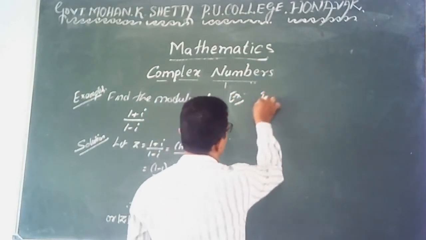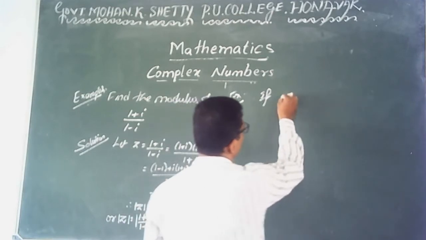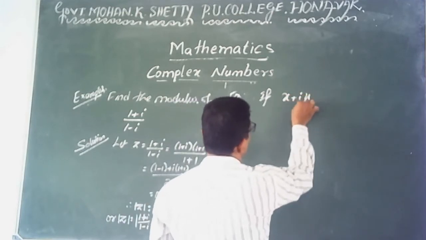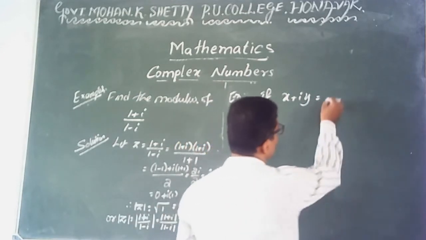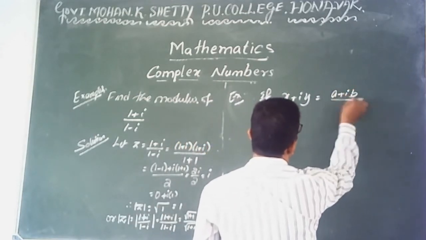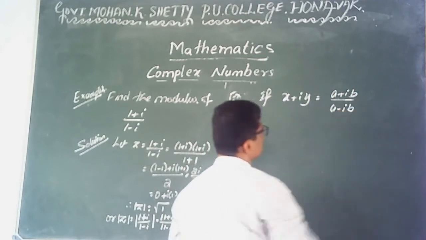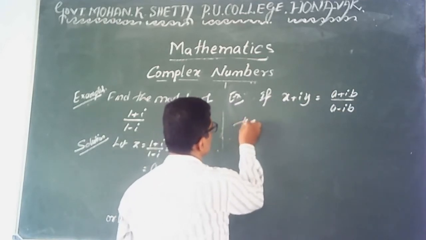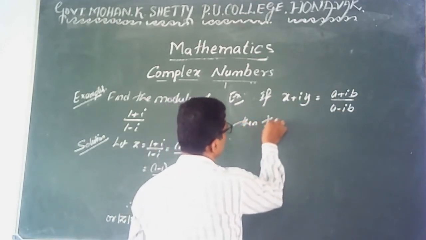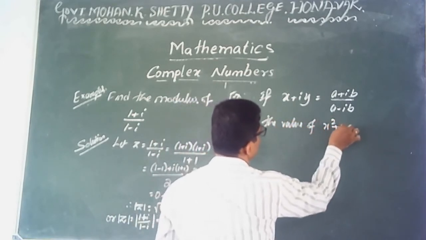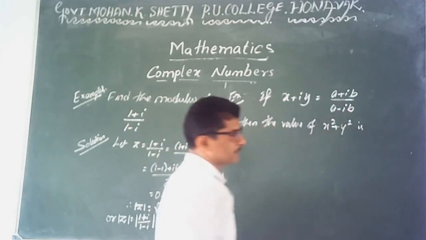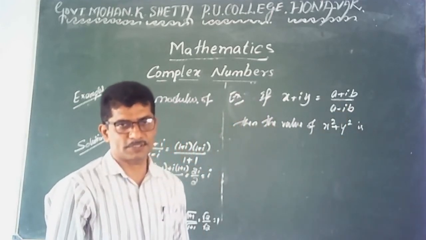This problem is also asked one time in competitive exams. If x plus iy is equal to a plus ib divided by a minus ib, then the value of x square plus y square is, this one is the competitive exam question.